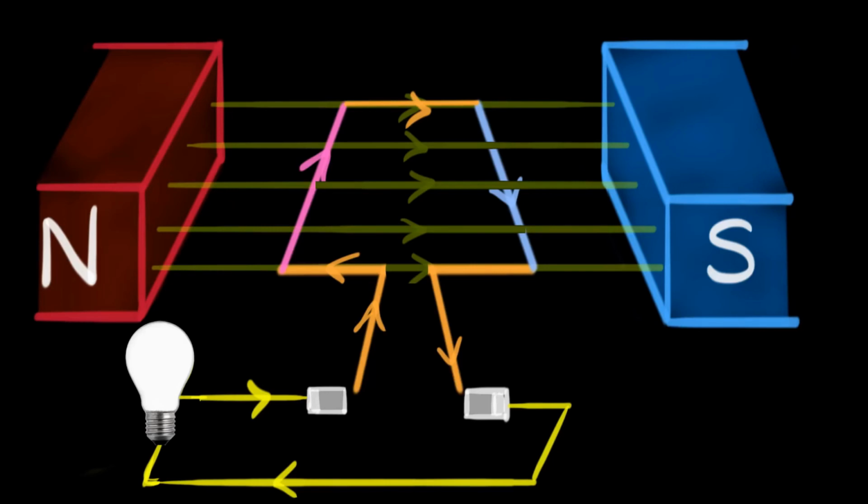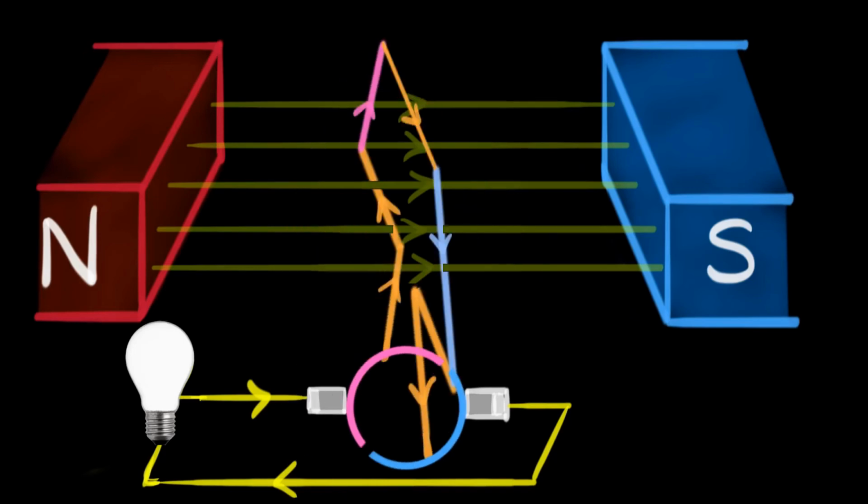We can do that by attaching split rings. Split rings, as the name suggests, is a ring that is split in between, giving two half rings with some gap in between. Now let's see how this arrangement automatically changes contact for every half a rotation. So right now, this brush is in contact with the pink side.